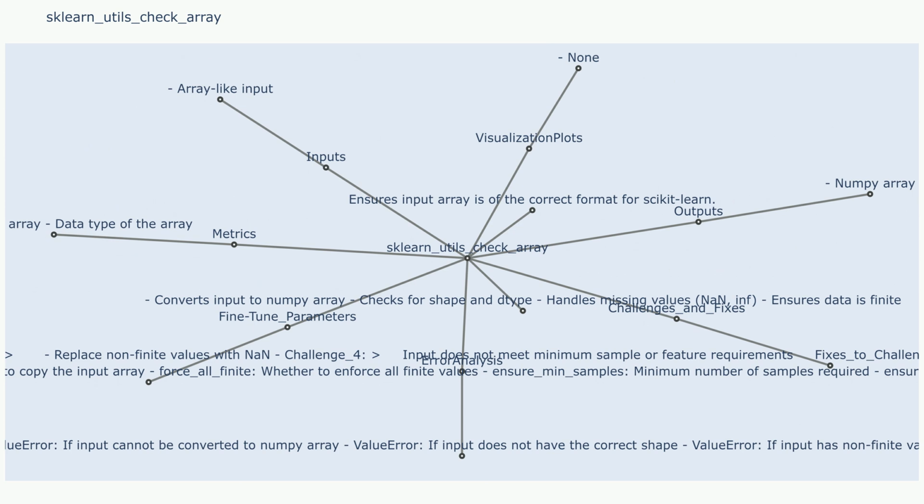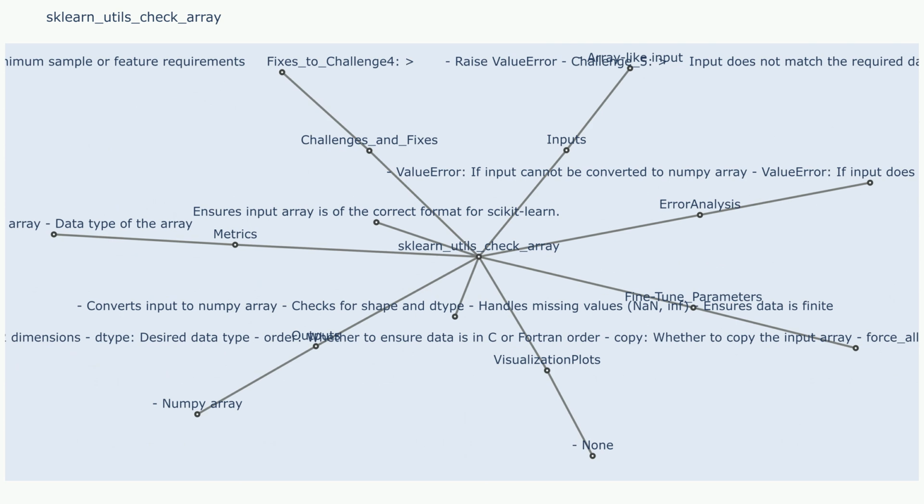Sample use case that resulted in challenge 3: an array containing NaN values, which are not acceptable for many scikit-learn models. Fixes to challenge 3: handle non-finite values by either replacing them with a specified value, e.g., the mean of the column, removing rows or columns with non-finite values, or raising an exception.